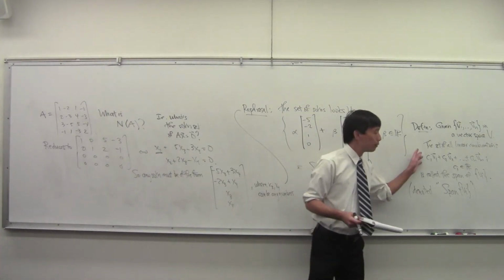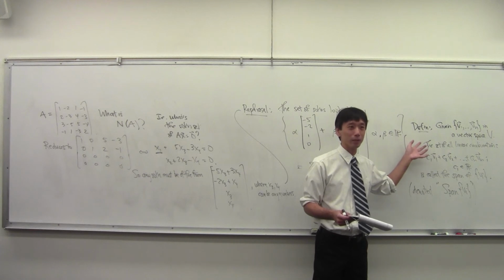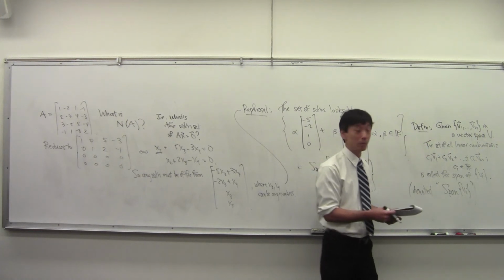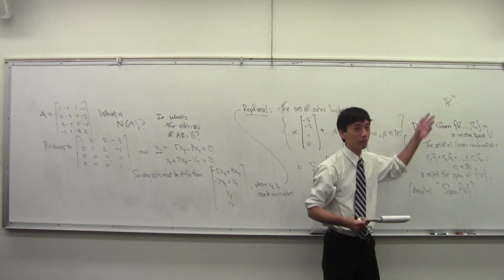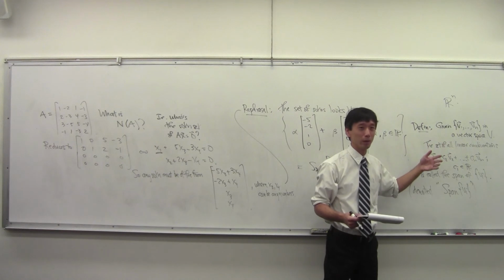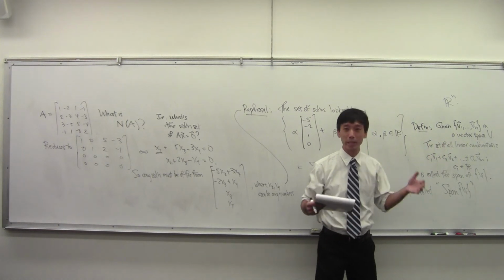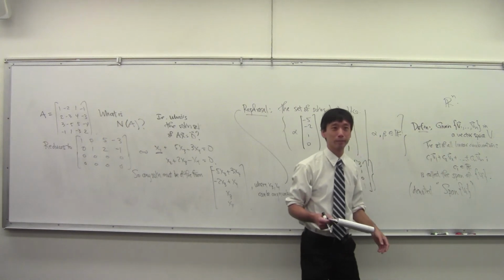Now, I know that we defined this only for Euclidean vectors before, in Euclidean space, Rn. We were talking about real vectors before, but this same definition holds in abstract vector spaces. Some linear combination of your vectors, whatever your vector space is.